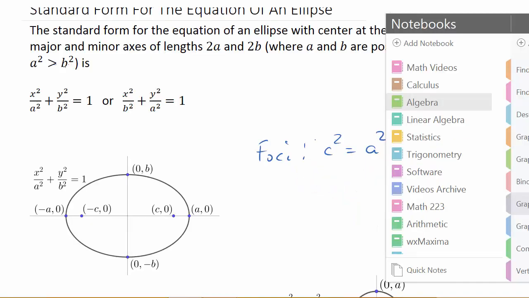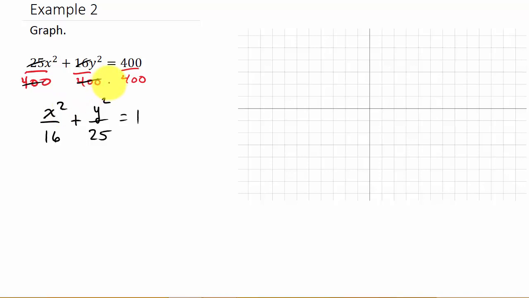All right, so let's go back to our problem. Here I have b squared is equal to 16, which implies that b equals 4, and then we have a squared is equal to 25, which implies a is equal to 5.